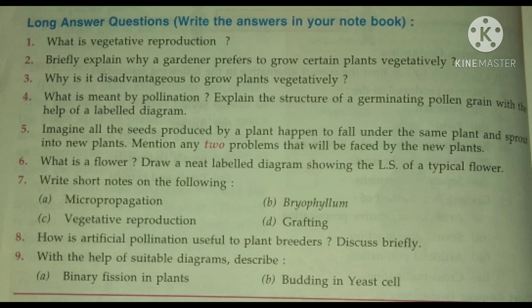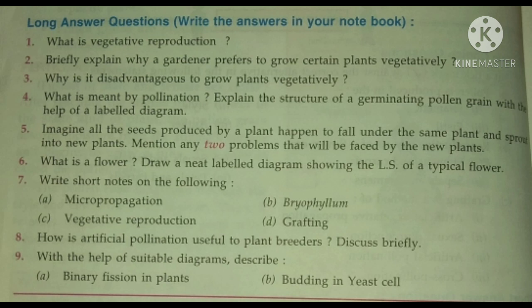Next, dispersal of plants does not take place on its own. Daughter plants so developed tend to remain nearby and are restricted to a particular area, leading to competition for resources. So that is what you have to write as the disadvantages.